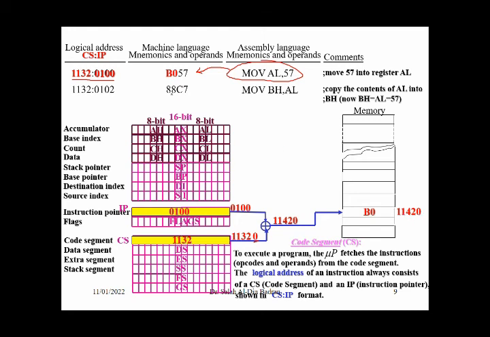This is the first one. We stored the machine language of the instruction here, and the 57 will go to the second location. See, this is increased by 1 to go to this.